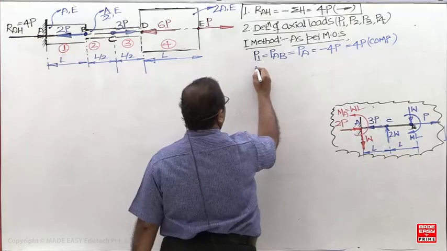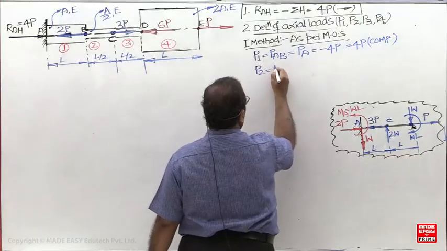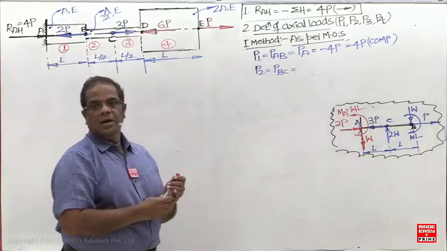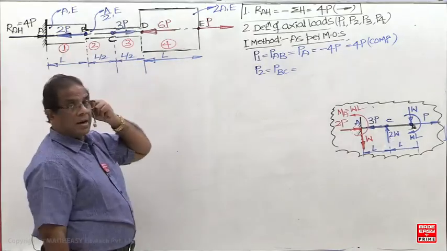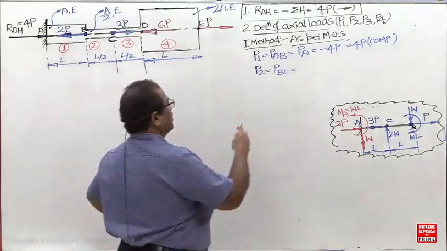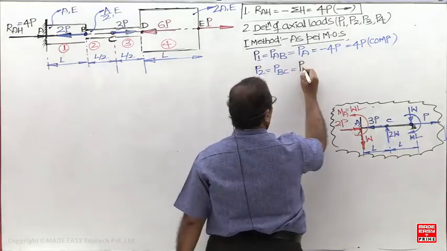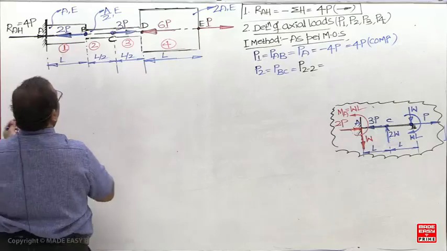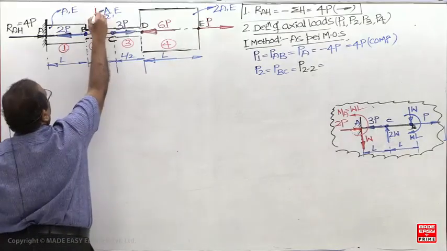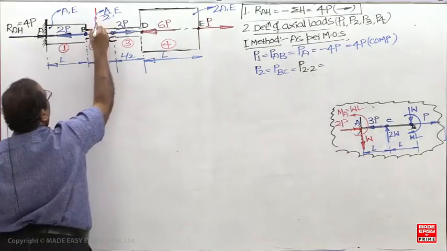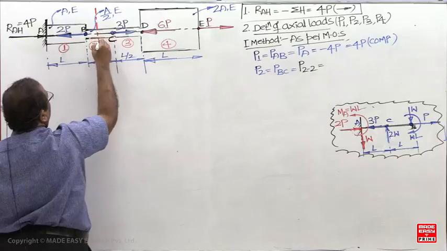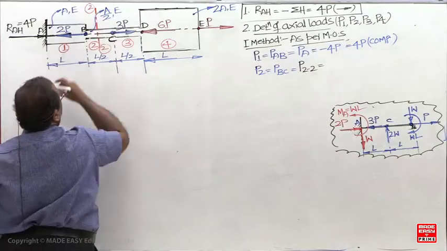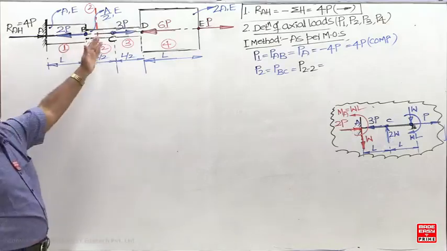Next, what is the second member? Second member is an intermediate member, so a section is required. Take one section. Better to take which side?